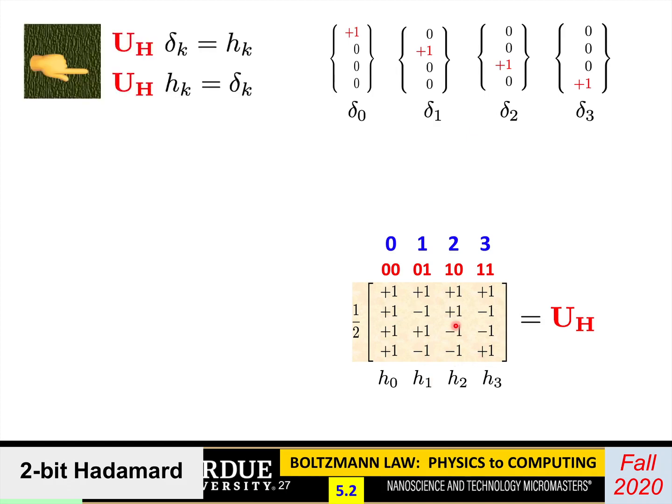And the interesting thing is that when you apply the Hadamard gate to a wave function that looks like delta k, meaning a +1 in the kth position, you get H_k, which is the column corresponding to that position. And then you apply it again to H_k and you get back delta k, because applying UH twice brings it back where we were.